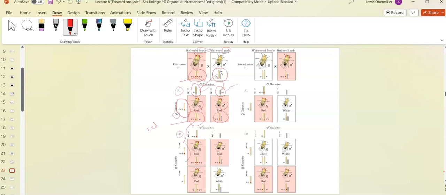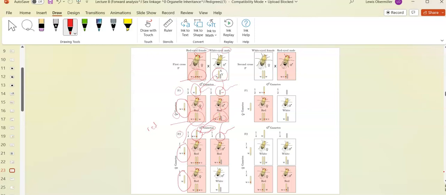So half will be the red X chromosome, and then half will be the white chromosome. This one is the male gametes, so we'll put tails on them just to represent this. So this one is this one, and this one is this one here.